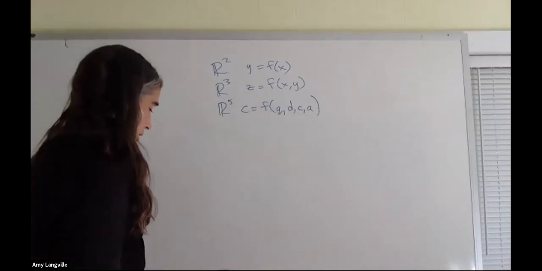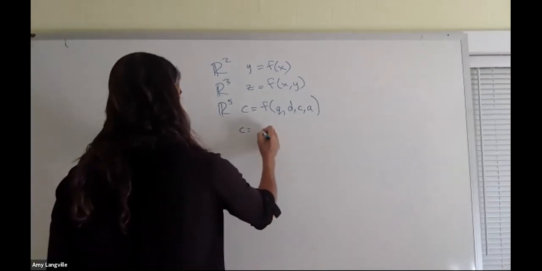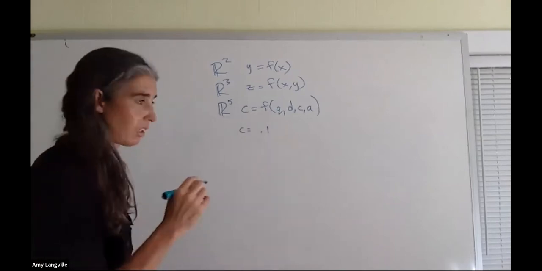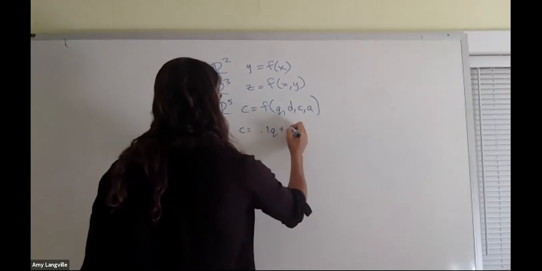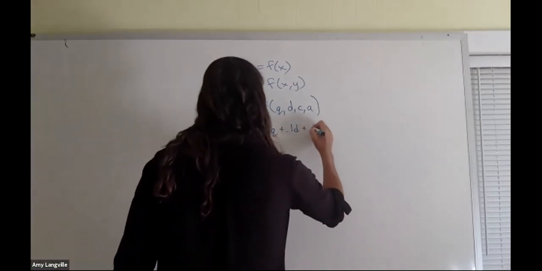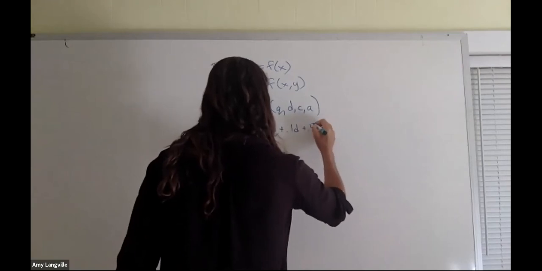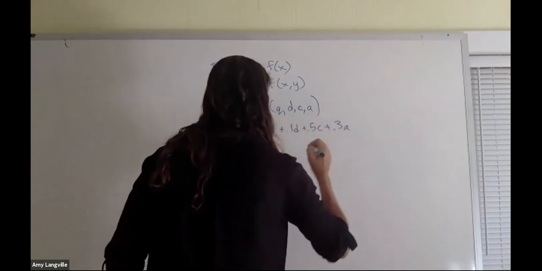But you could also do it in a functional form. Maybe your calculus grade is, and this is not true, I'm just making this up, just an example: 10% of all your quizzes, 10% of your discussion grade, let's say 50% of your challenge problem grade, and what do we need? Plus 30% of your activities.